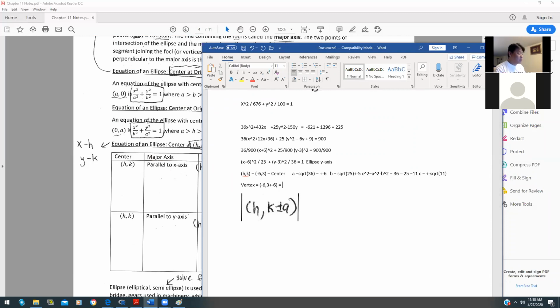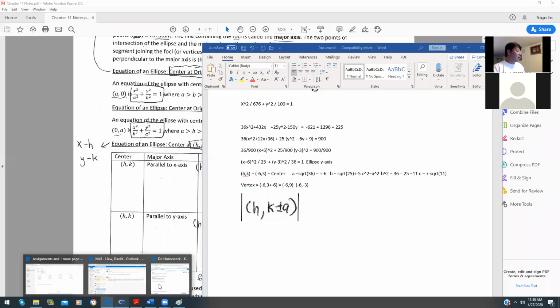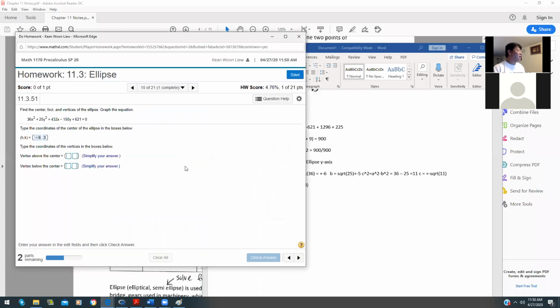So you have two coordinates: -6, 3 plus 6 is 9, and then you got a -6, and then 3 minus 6 is -3. When you do your homework, they will ask you which one is above the center.